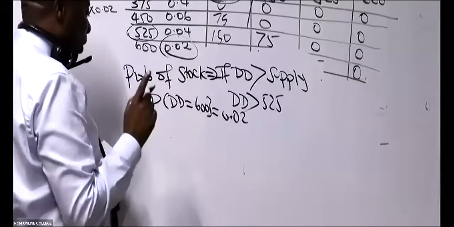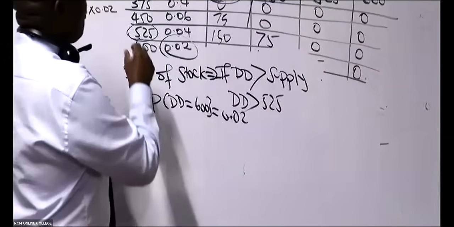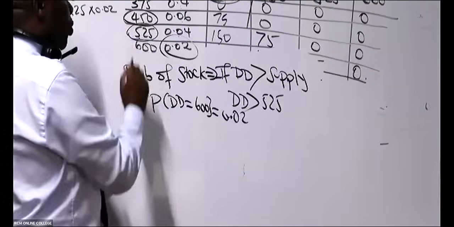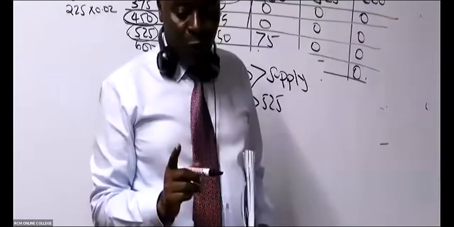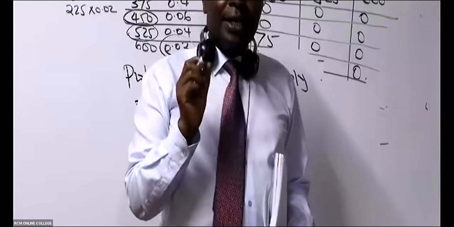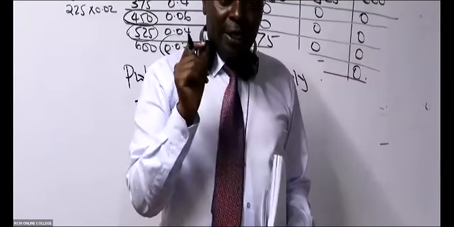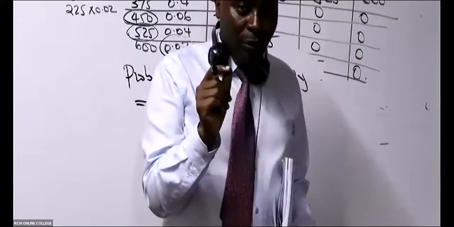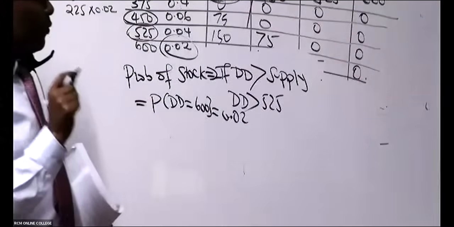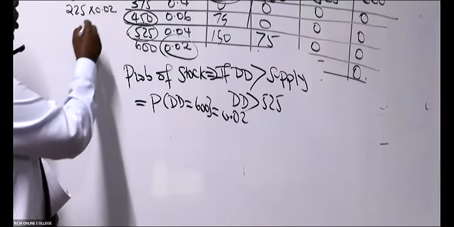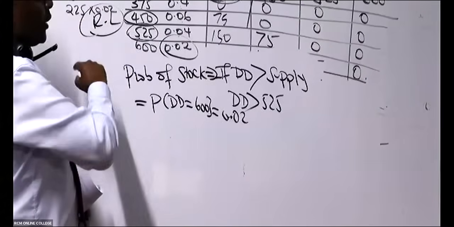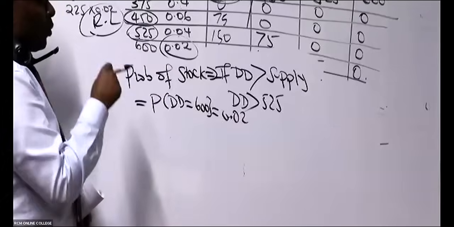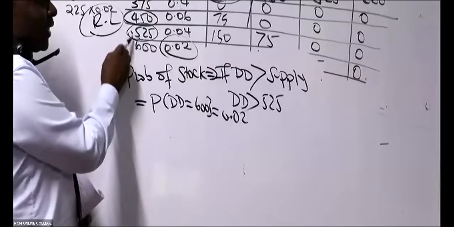Let me ask you students another question. What if our optimal reorder level was 450? And in this case you are asked to ascertain the probability of stock out. If the reorder level we have recommended optimally is 450, and you are asked the probability of running out of stock, there are only two events, isn't it?